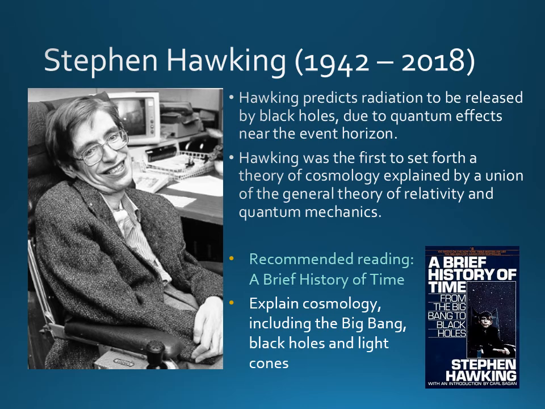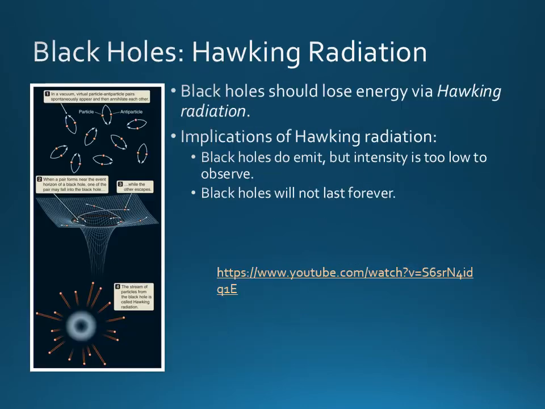Hawking also wrote popular science books explaining his theories in terms a general audience can understand. Recommended reading for this course is a book titled A Brief History of Time, in which he explains cosmology, including the Big Bang, black holes, and light cones.